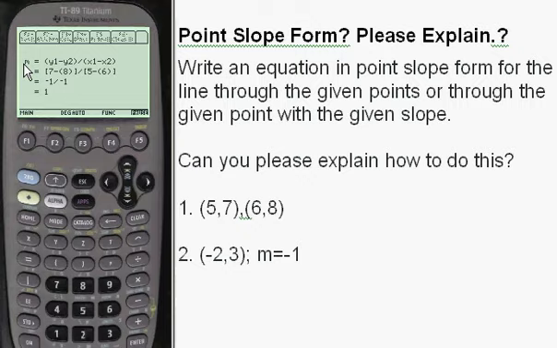The slope, m, is y1 minus y2 divided by x1 minus x2. Pretty simple. If you learn that, study it, and pay attention, you can remember this stuff. Here's y1, which is 7, minus 8, divided by 5 minus 6. That equals minus 1 divided by minus 1 equals 1.